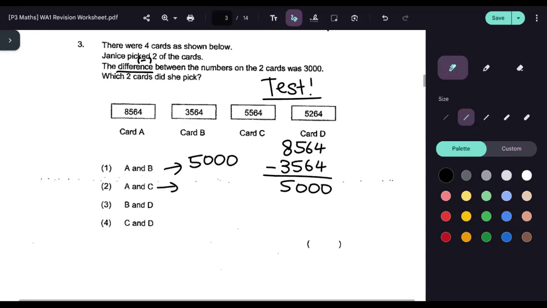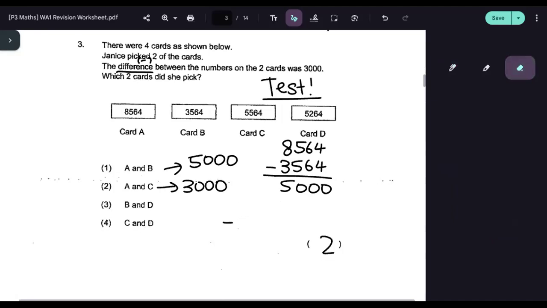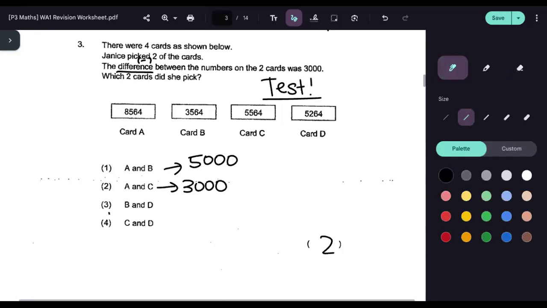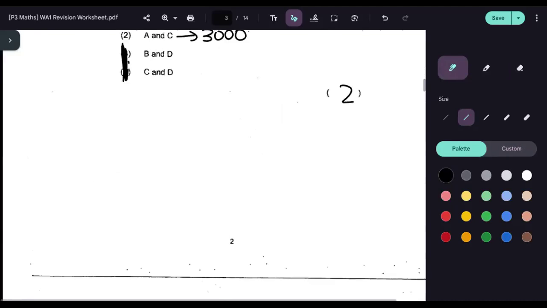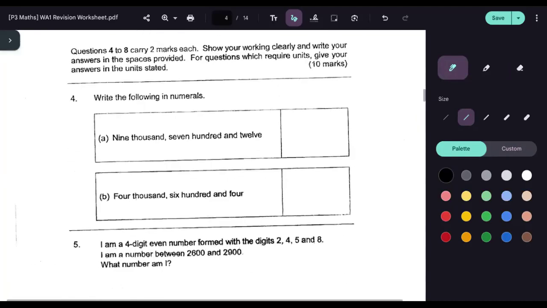Then A and C: 3000. The moment you see 3000, you know this is the answer already. So definitely not 3, not 4. Great, we are here already.